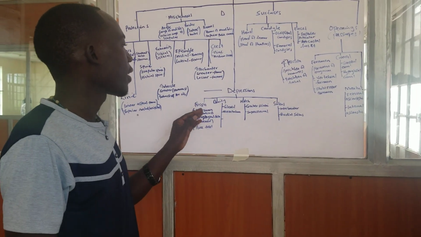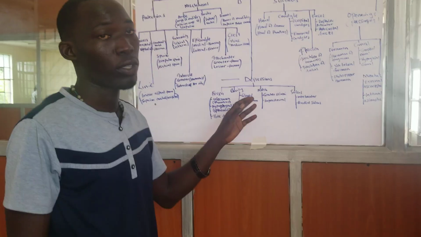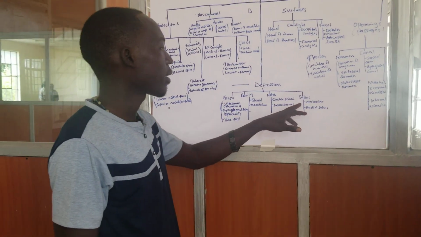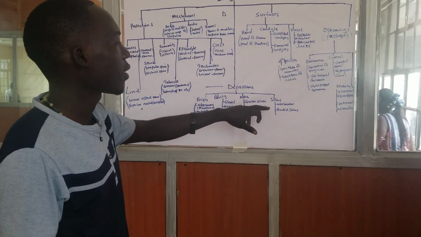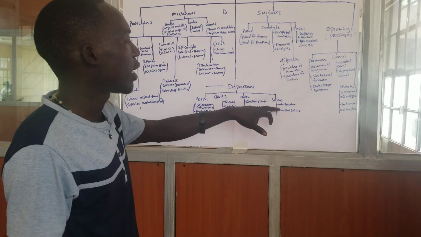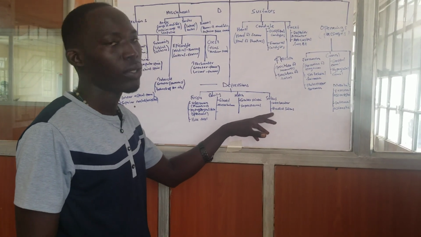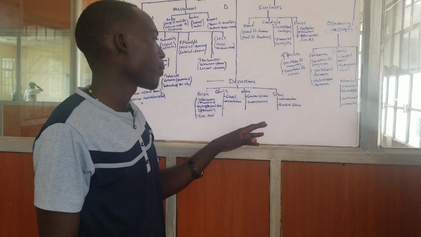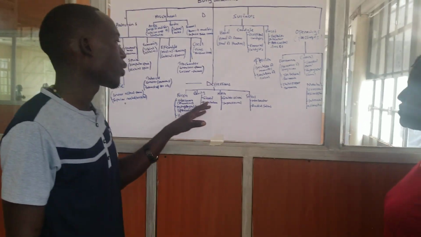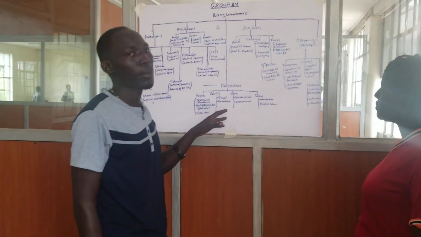We also have another type of depression, the sulcus. This is where you get the intertubercular sulcus and the radial sulcus. So these are some examples of the depressions that are among the bony landmarks.